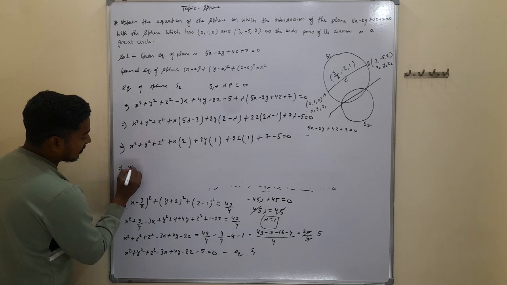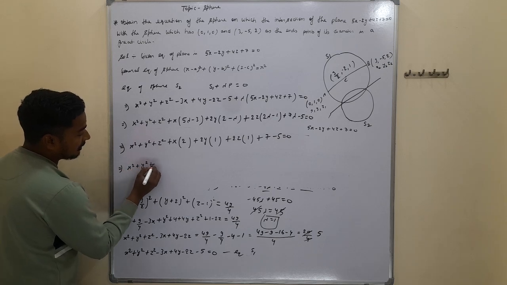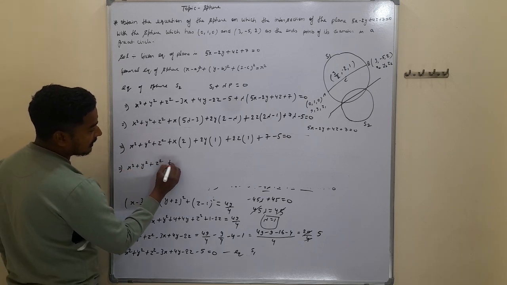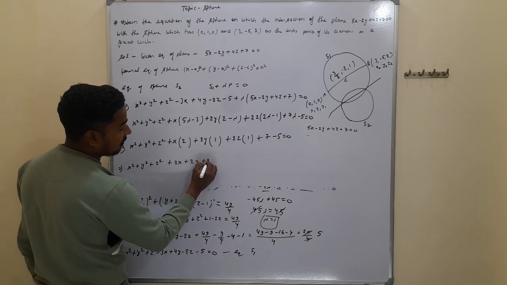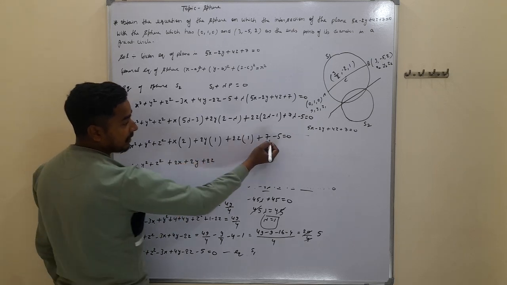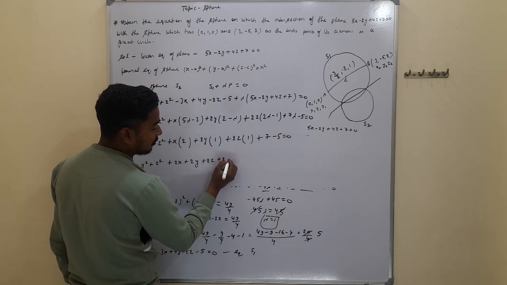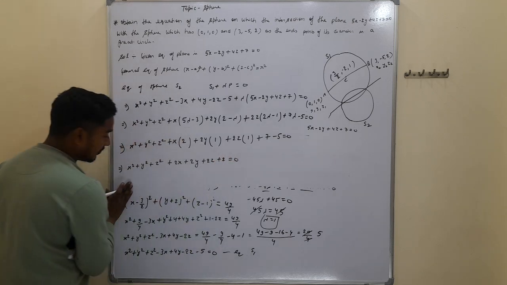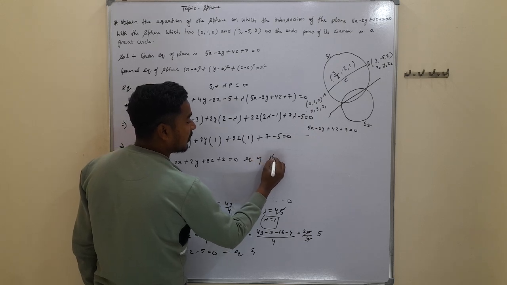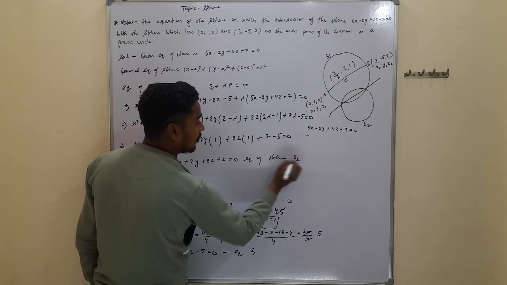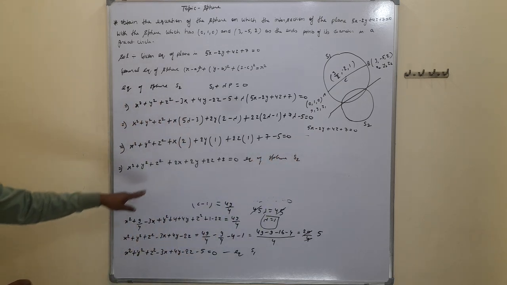We get the second sphere equation. This is given by x square plus y square plus z square plus 2x plus 2y plus 2z, and here 7 minus 5 is plus 2, equal to 0, and this is the equation of sphere S2. Now we have to find the center.